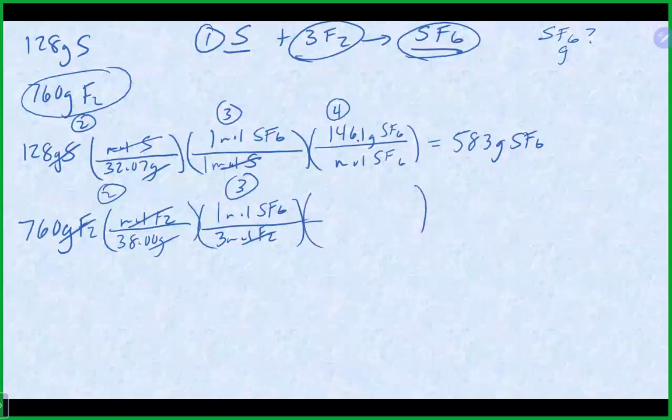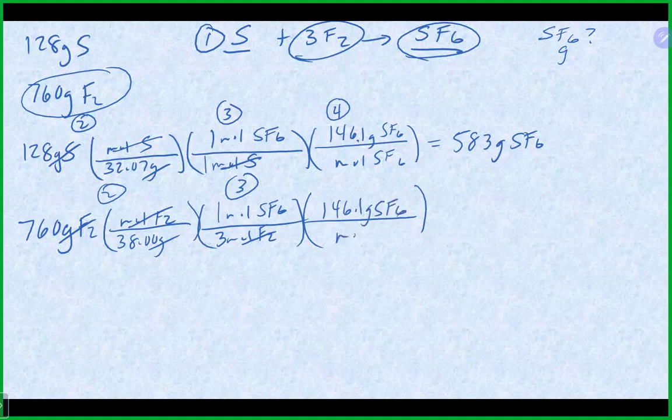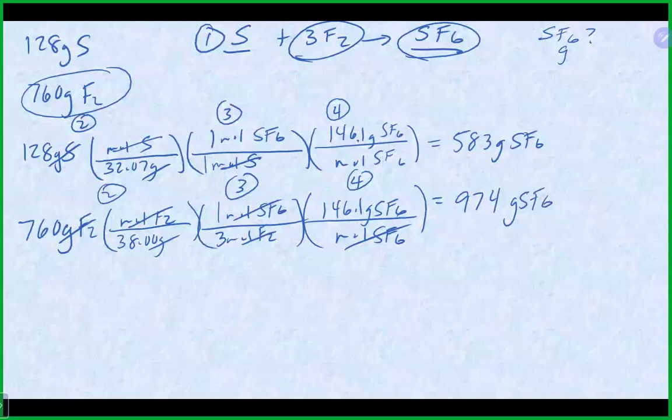And lastly, our fourth step, 146.1 grams of SF6 per mole of SF6. The moles will cancel, leaves us with grams. And we will see that the F2 will produce, in this case, about, I think I missed a 3 as well there, about 974 grams of SF6.